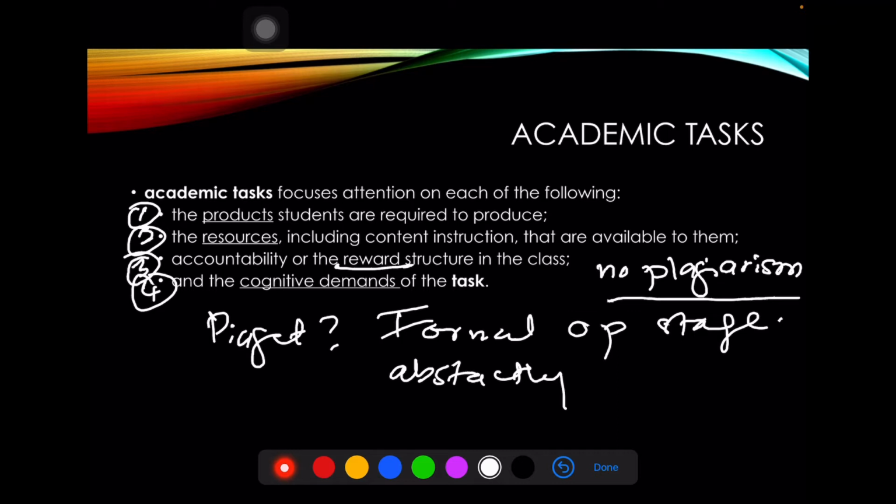So that is cognitive demand: you need to read up, you need to summarize, you need to write your report, and there must be collaboration in that particular group of yours.